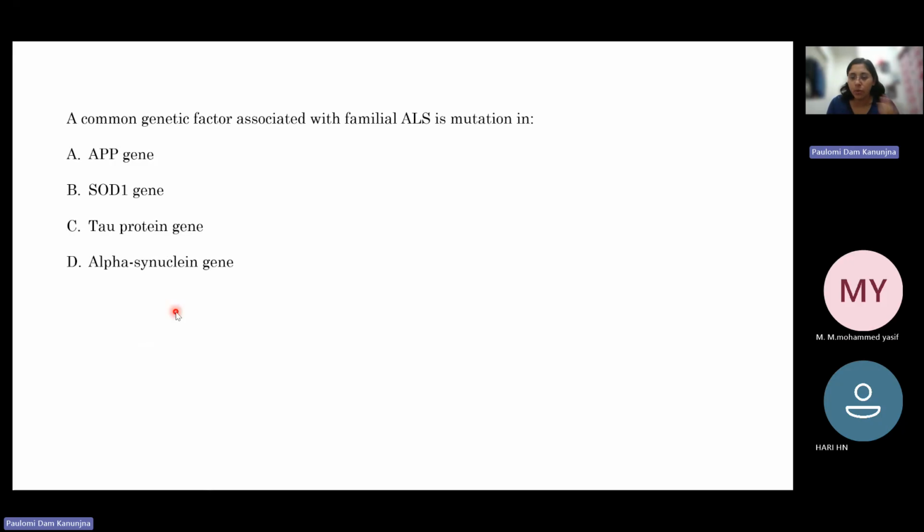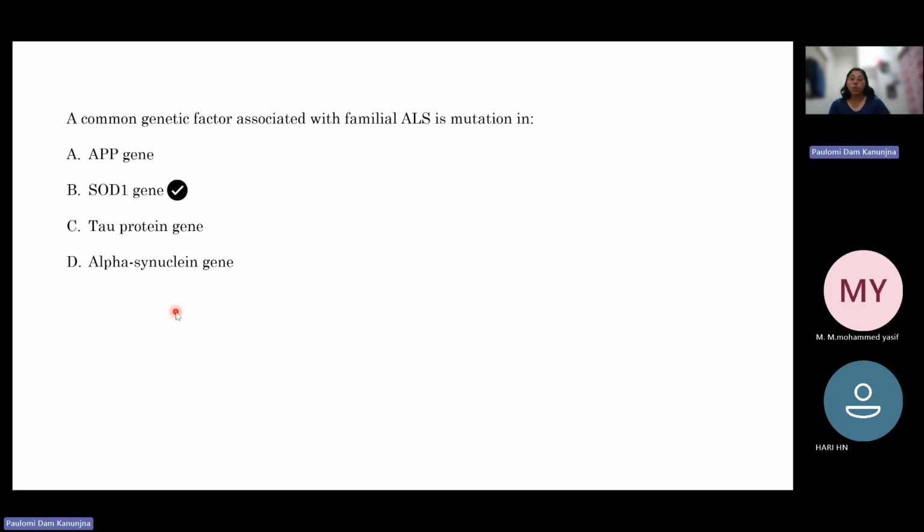Do you recollect what was said in the class about this? Okay. So someone says B, and the answer is exactly that.